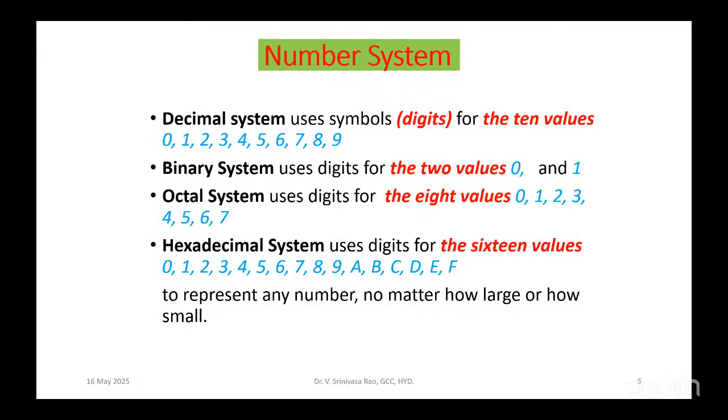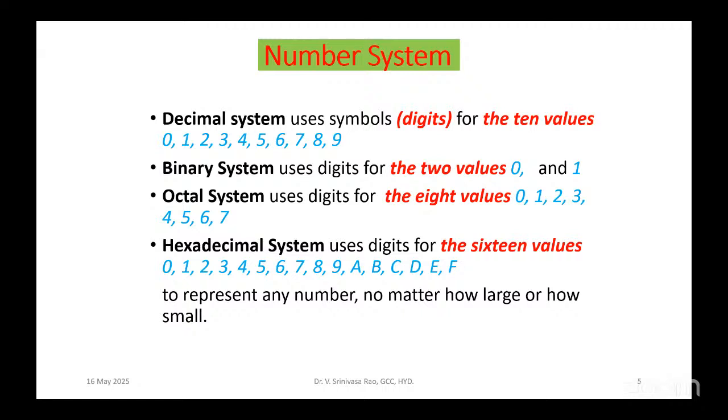The decimal system includes 10 digits. In the characteristics itself, we already discussed that 0 is the first digit for all the number systems. You need to consider that while you go for the different number systems. So what are the digits here in decimal?